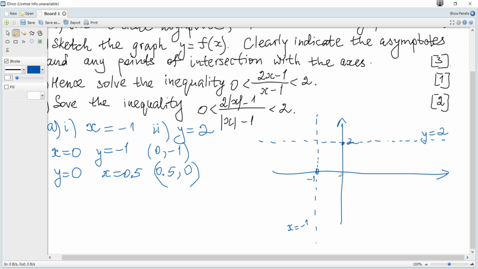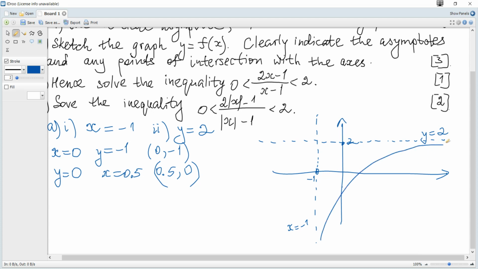And to find in what quadrants they are, we can consider any points. Or actually, it is found that there must be 0, -1, it's here, 0.5, it's here. So it looks like this.